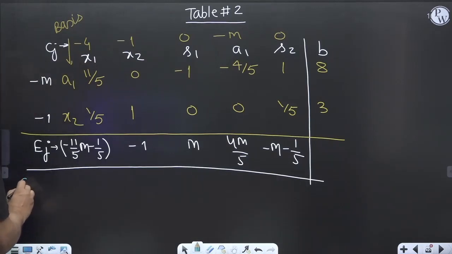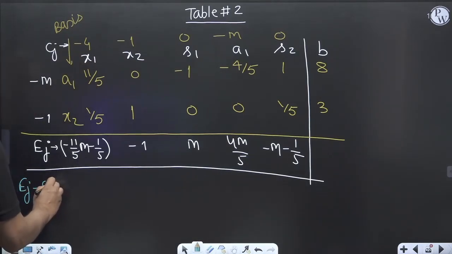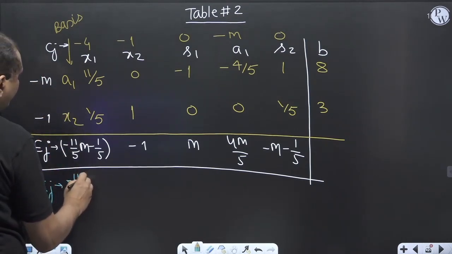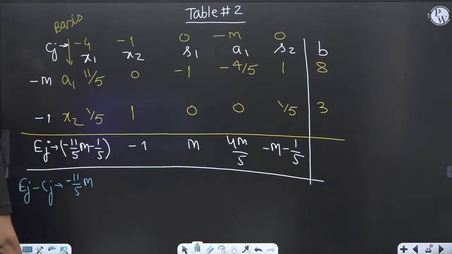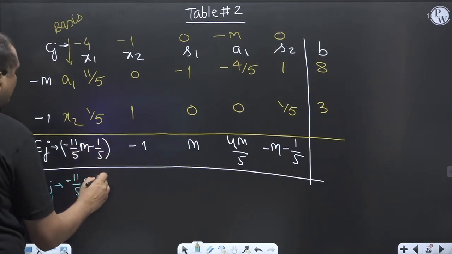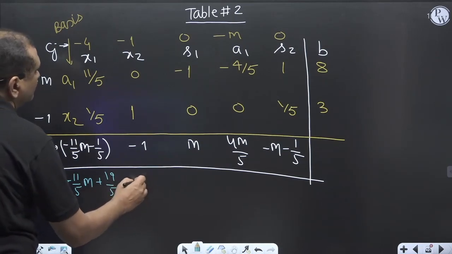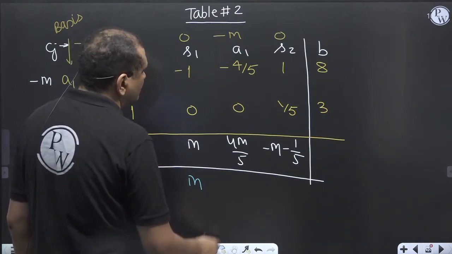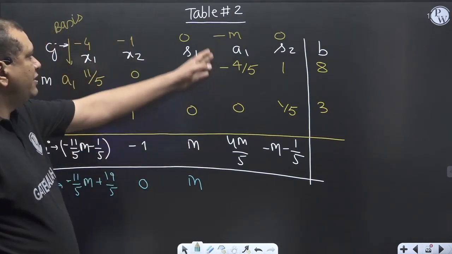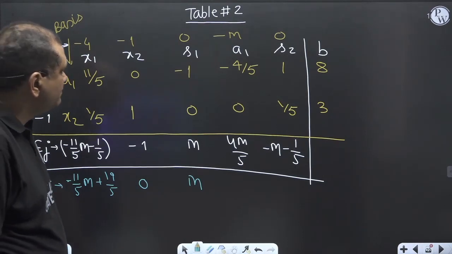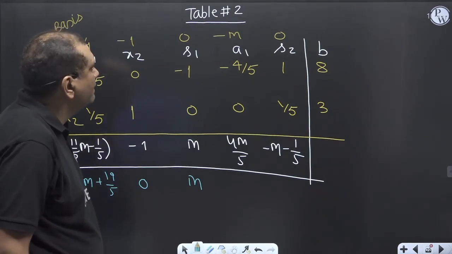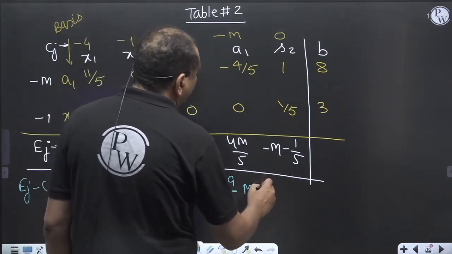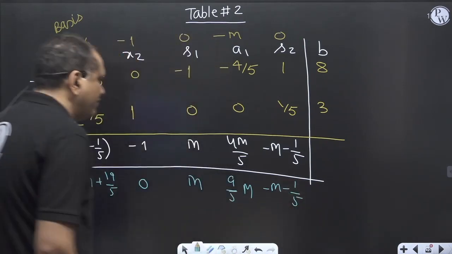Cj minus Zj, this minus this. So -11/5 M plus 4, plus 19/5, 0, M, 4M/5 plus M, 9/5 M, and minus M, -1/5.